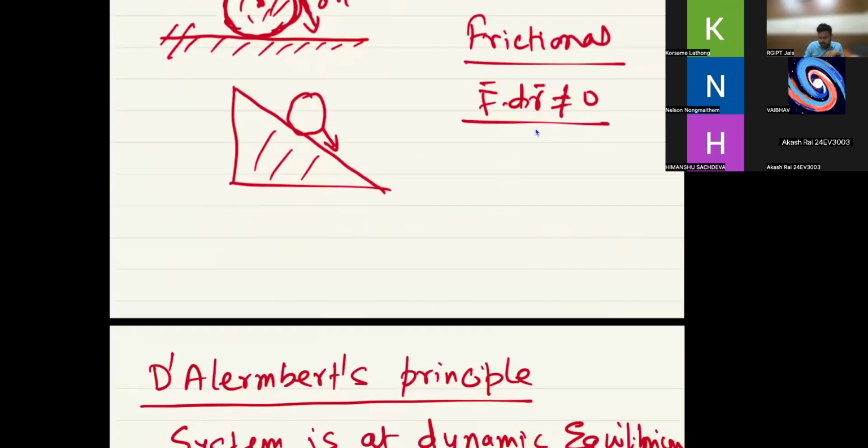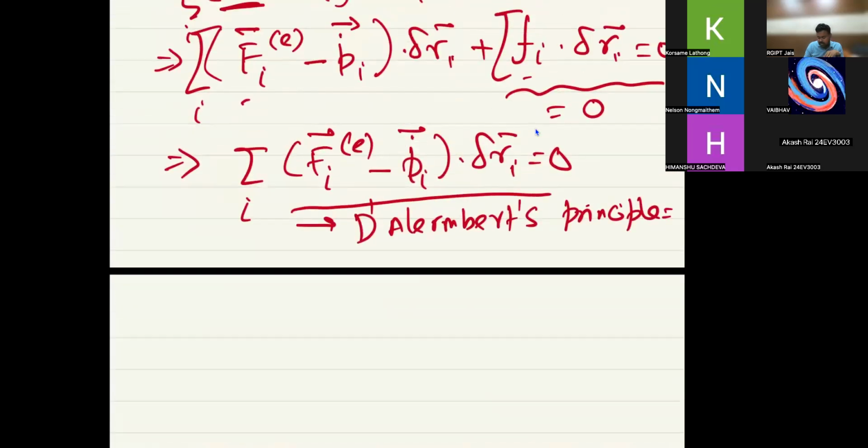But if it is in dynamic equilibrium, then you have to consider both the applied force as well as the rate of change of momentum. So basically, the principle of virtual work represents the static system, but D'Alembert's principle represents the dynamics of the system. One is static and another one is dynamic.